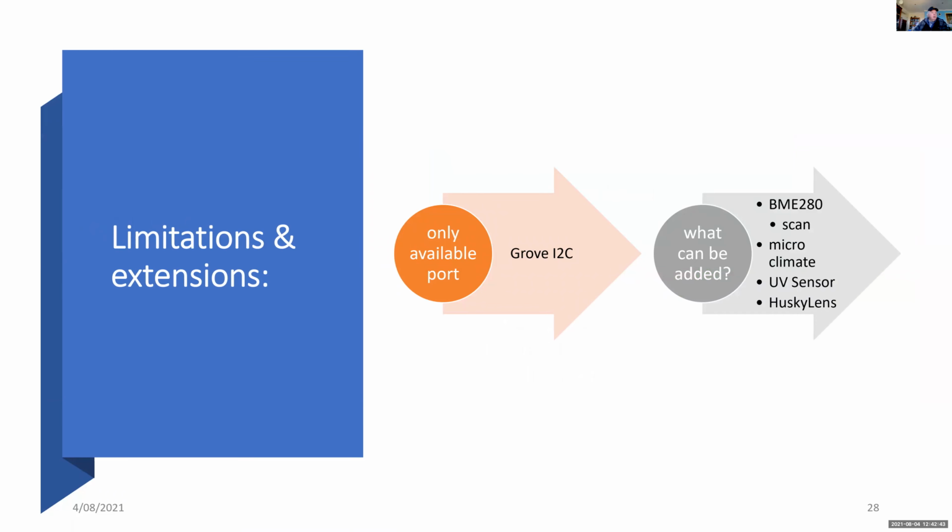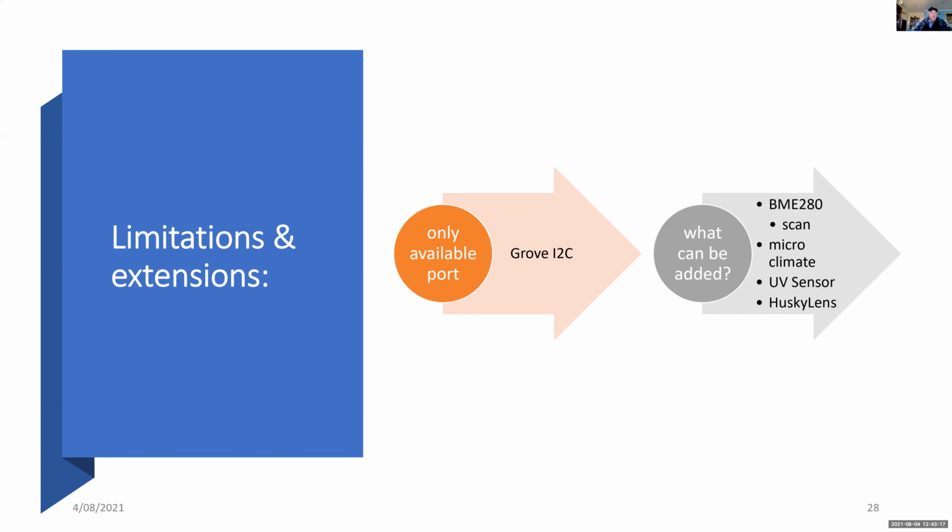Some of the limitations: there is only really one Grove port available, and that's an I2C port. The other port, you can get access to it. It's on pins 1 and 2, but you have to remove some resistors on the chassis of Bitcar. But what can you do with the I2C port? Well, you could put a temperature or an environmental sensor and scan the microclimate in the area.